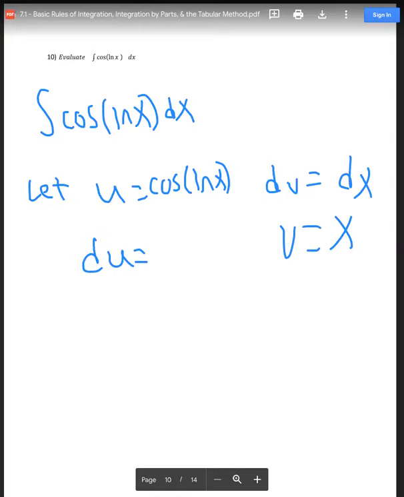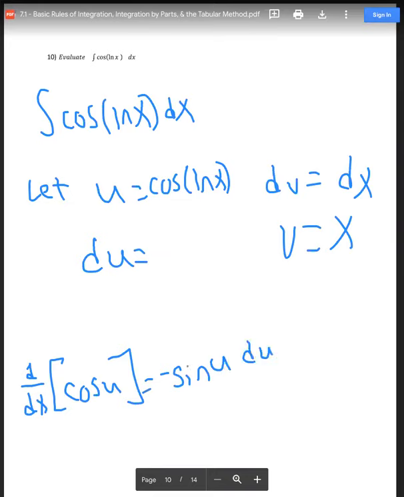Let me go back to the formula sheet just so you guys remember what to do. I'm gonna send you guys the formula sheet for the derivatives and the integrals because those are important. But know that the derivative of cosine of u is equal to negative sine of u du.